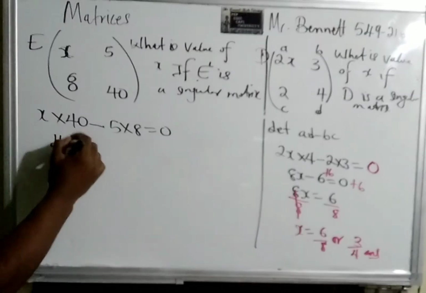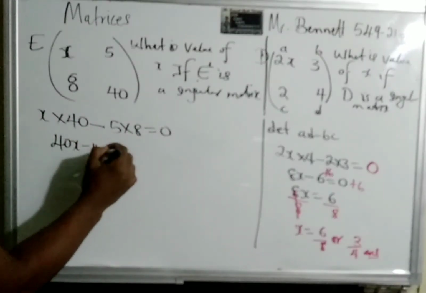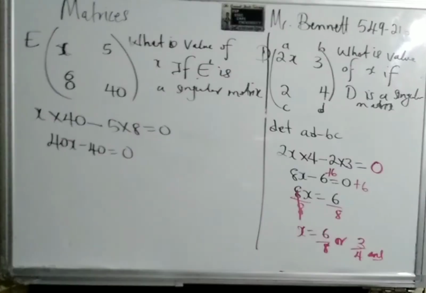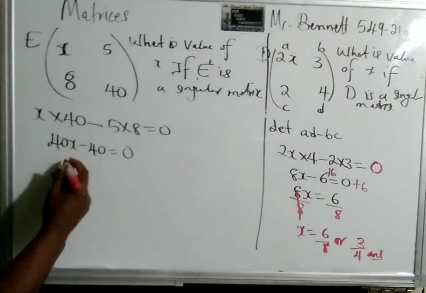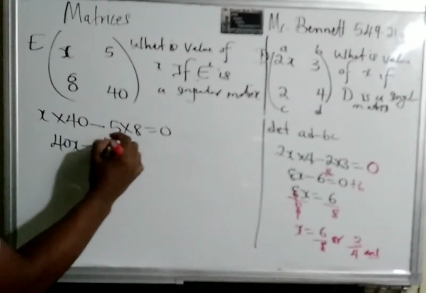This will give us 40x minus 40 is equal to 0. How can we solve this now? It's a linear equation. We get rid of the negative 40 by adding 40 to both sides.